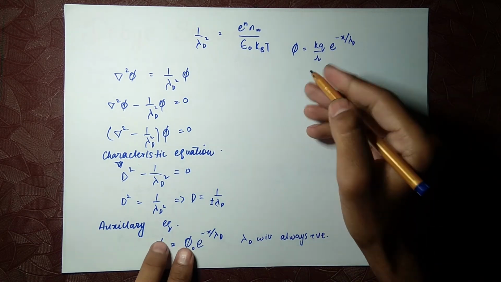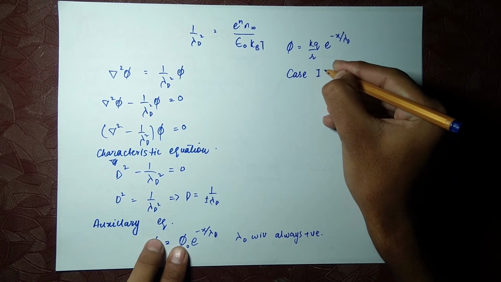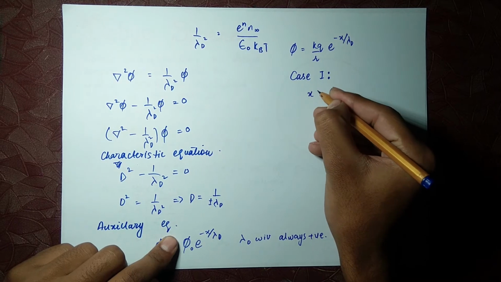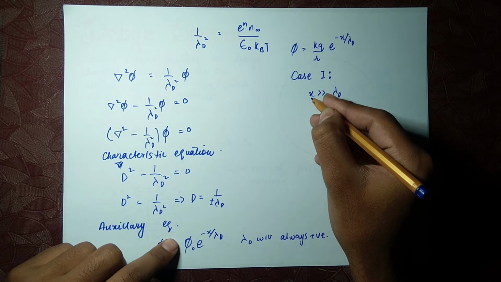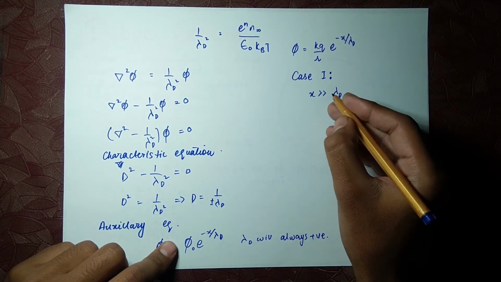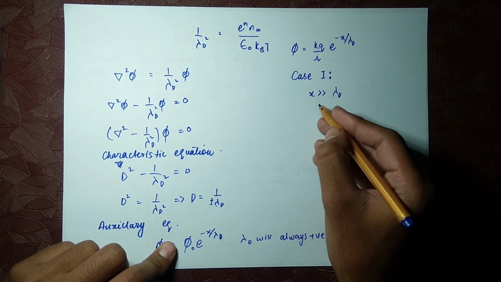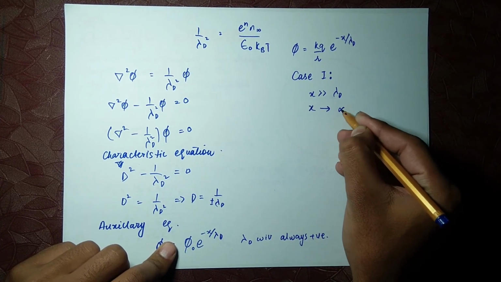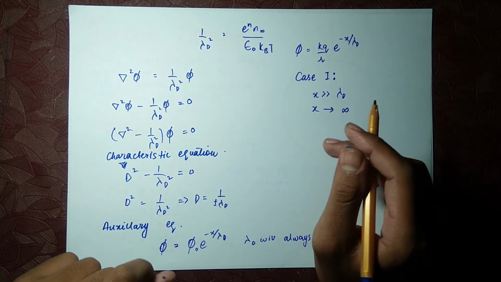This is our case 1, when x is greater than lambda D, that is, the particle is lying outside the sphere. Here you can say x is so large that x approaches infinity.